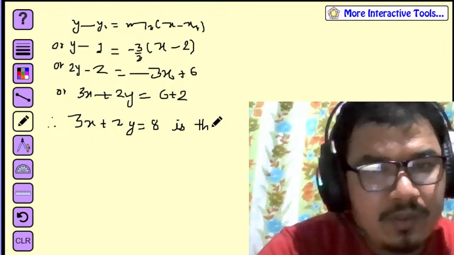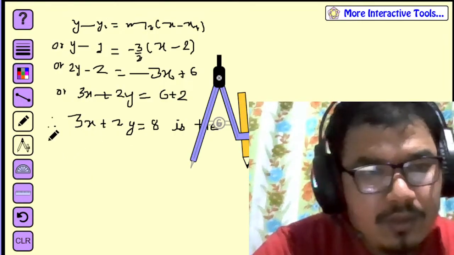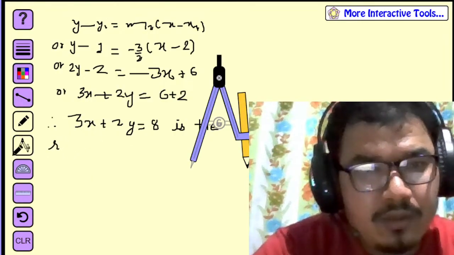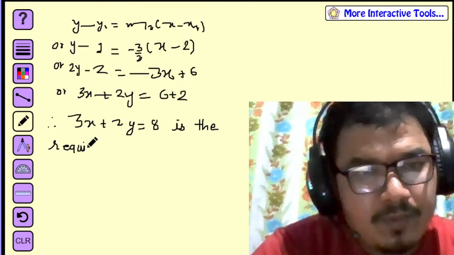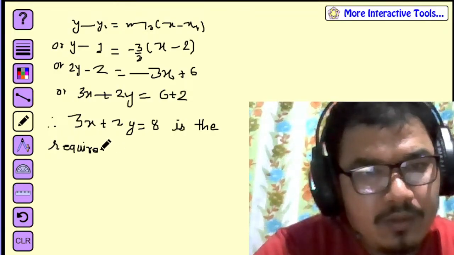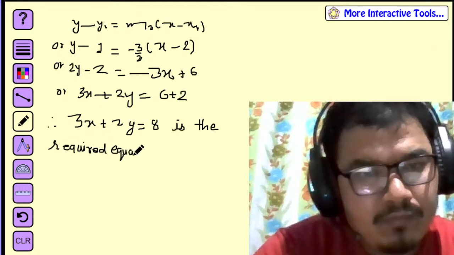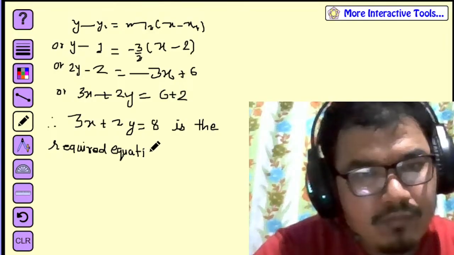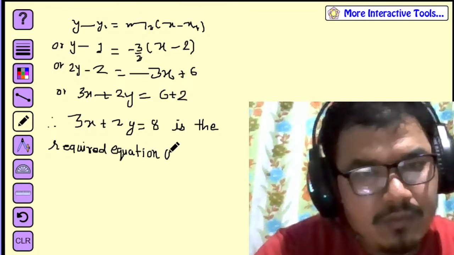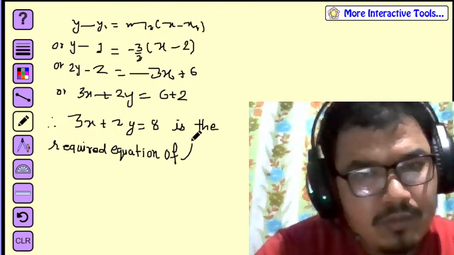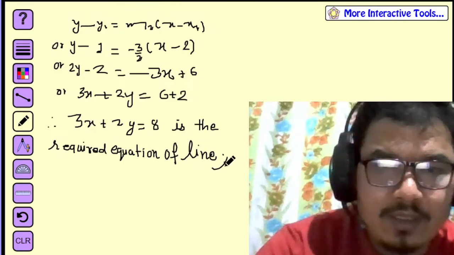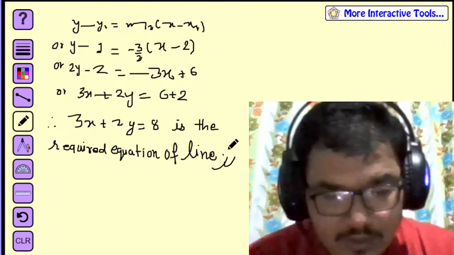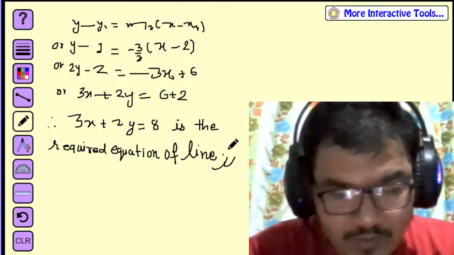This is the required equation of the line. This is the answer. Like this also, we have to solve this question.